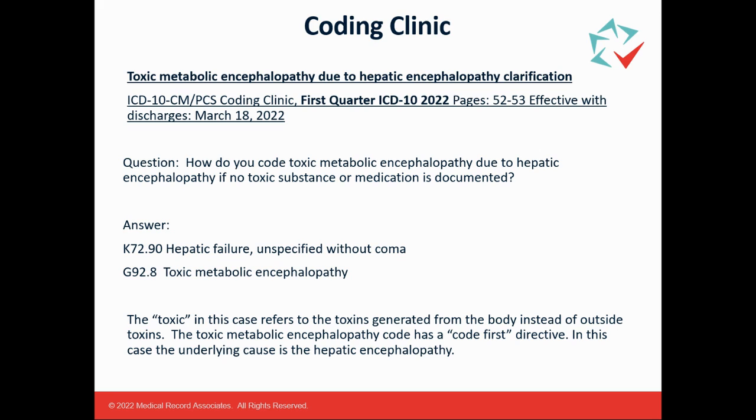And the answer here is to use K72.90, hepatic failure, unspecified, without coma, and G92.8, toxic metabolic encephalopathy. And the toxic in this case refers to the toxins generated from the body instead of outside toxins. The toxic metabolic encephalopathy code has a code first directive, and in this case, the underlying cause is the hepatic encephalopathy.